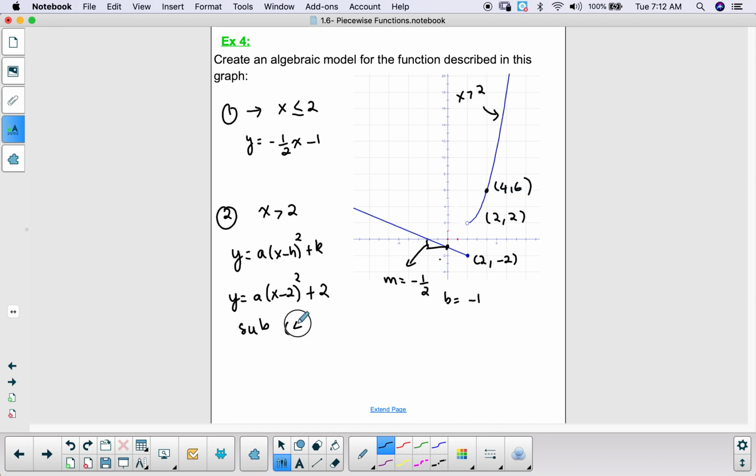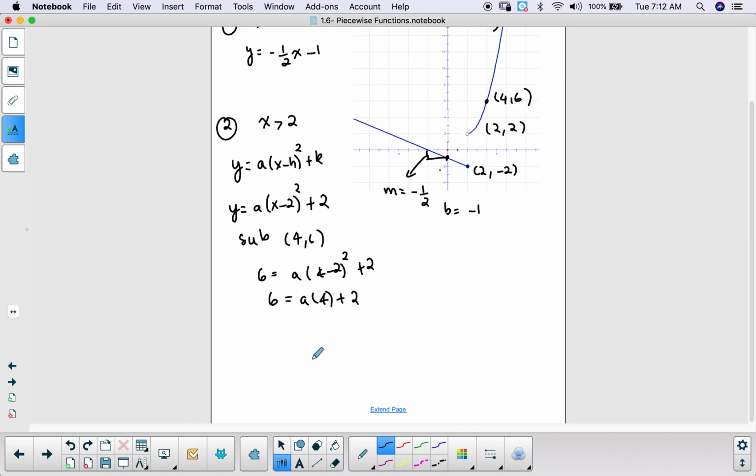Let's substitute (4, 6) and find the a value. 6 equals a(4 minus 2) squared plus 2. 6 equals a times 4, because 4 minus 2 is 2, 2 squared is 4, plus 2. So 4a equals 6 minus 2, which is 4, so a equals 1. So we have the equation of the parabola as y equals 1(x minus 2) squared plus 2.